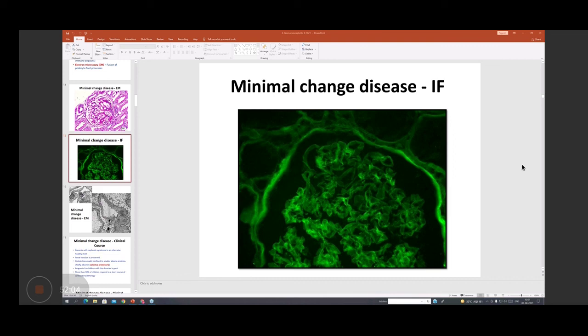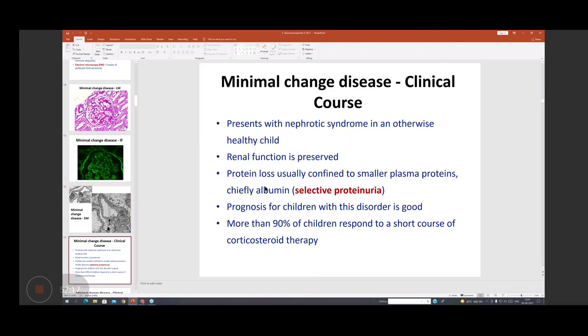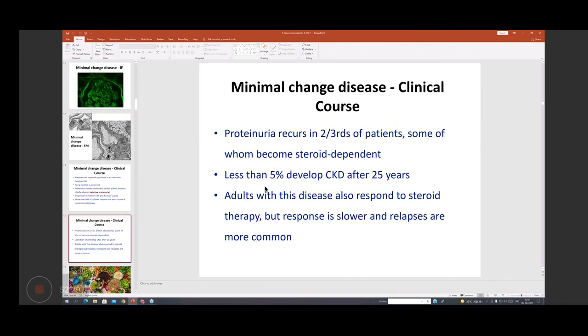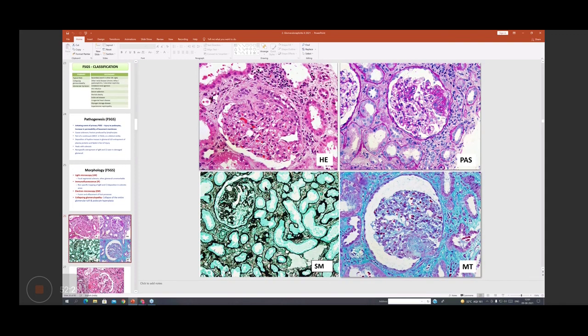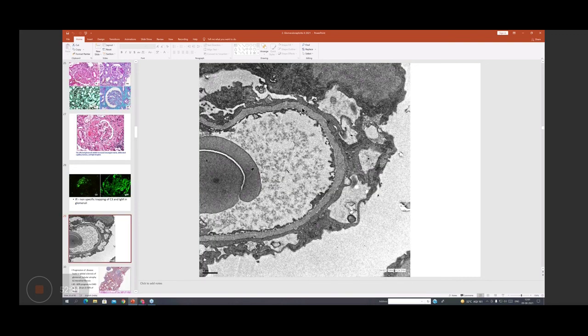We have another question. In FSGS, what happens to the glomerular basement membranes? So basically, the health of the glomerulus depends on two things. One is the structure of the glomerular basement membrane as well as the arrangement of the podocytes on their surface.